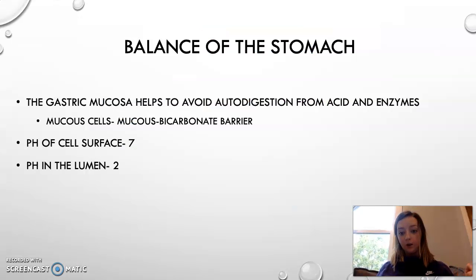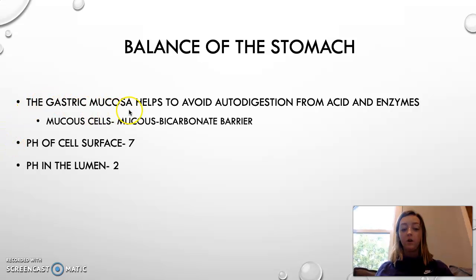Lastly, it is important to talk about the balance of the stomach. So the gastric mucosa helps to avoid autodigestion from acid and enzymes. Since the stomach is very powerful, all the secretions from the stomach are very harsh. I mean, we want them to be harsh because we want all of our food to be digested and we want all the nutrients from the food.